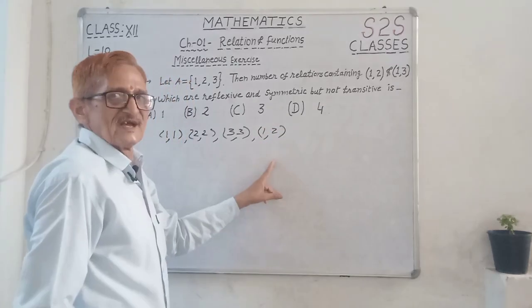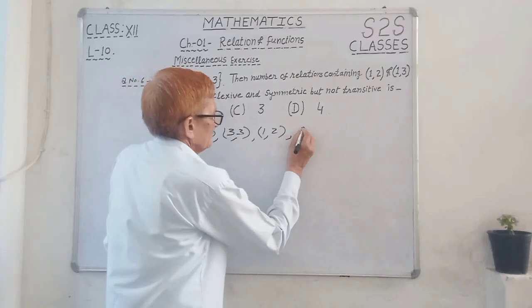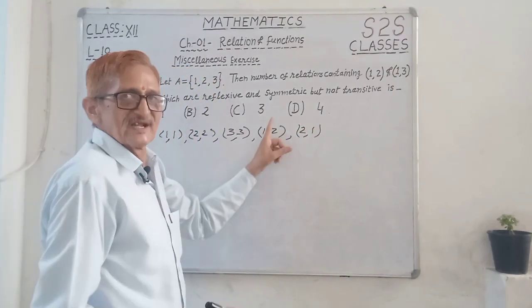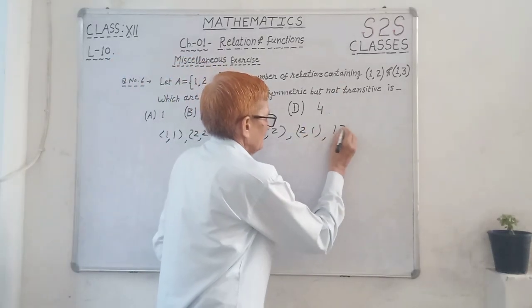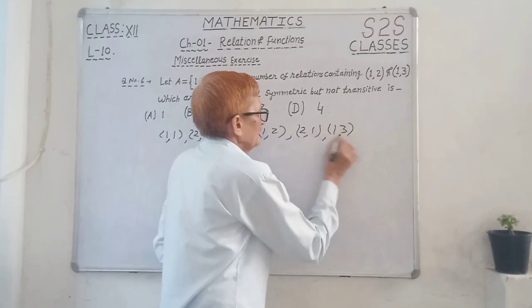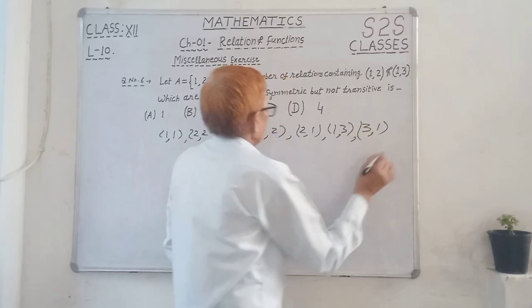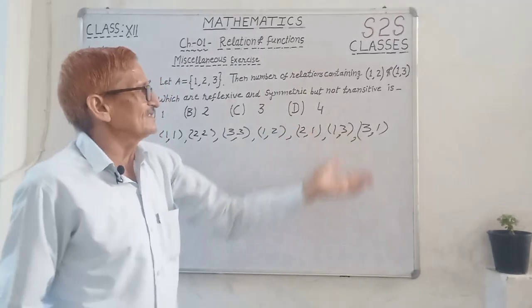If (1, 2) is there, then for symmetric, (2, 1) must be there, and (1, 3) is given, so (3, 1) must be there for symmetric.